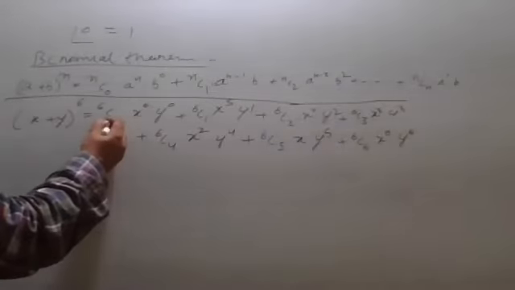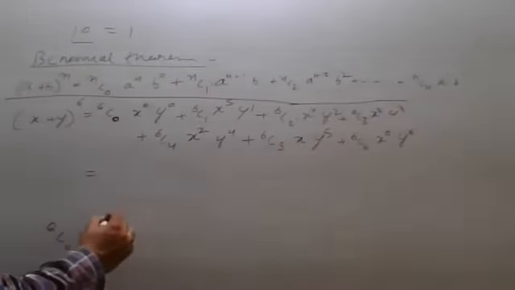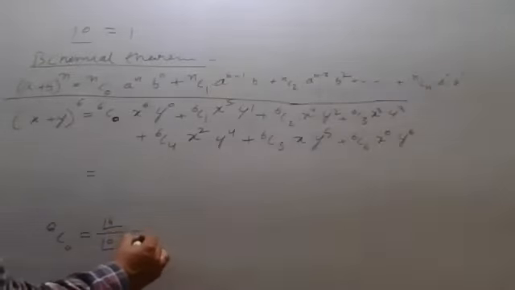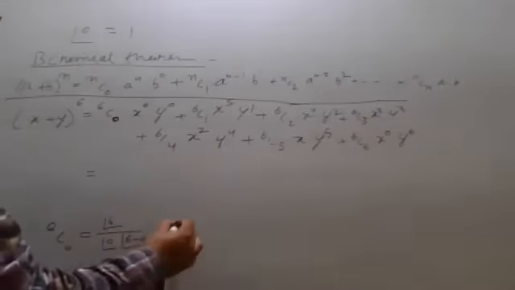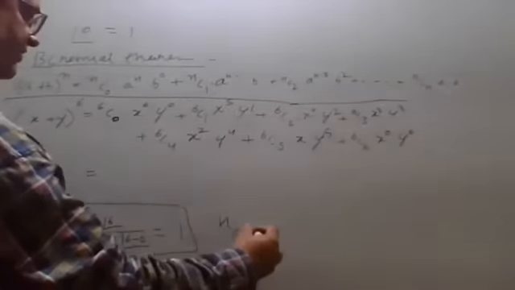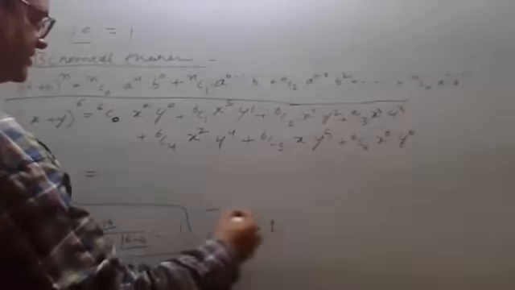Always remember, whenever there is 0 in the suffix, the value will be 1. We can calculate it: 6C0 means, by the formula nCr equals factorial n upon factorial r into factorial n minus r, factorial 0 is 1, and factorial 6 upon factorial 6 is also 1. So always remember a formula: nC0 equals 1 always.